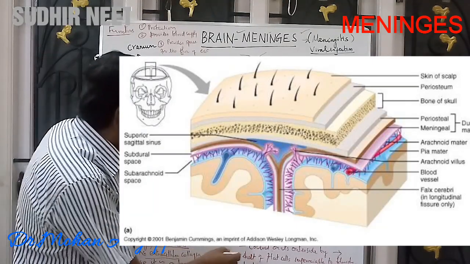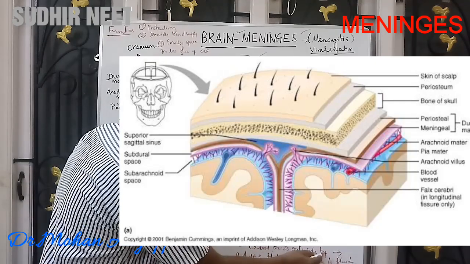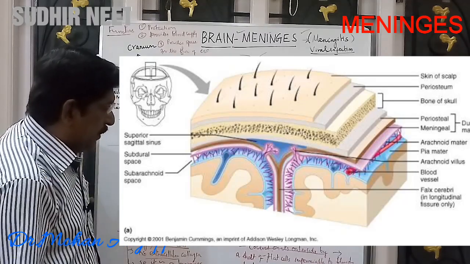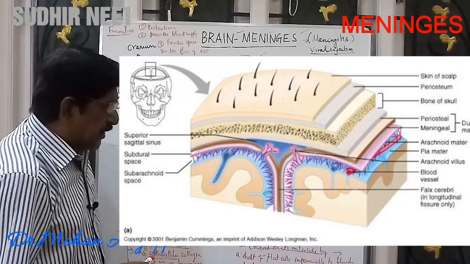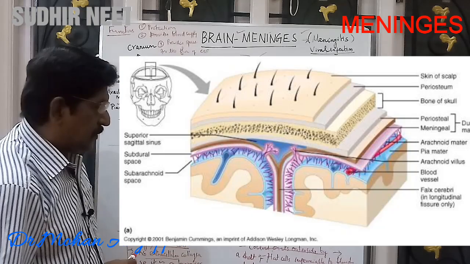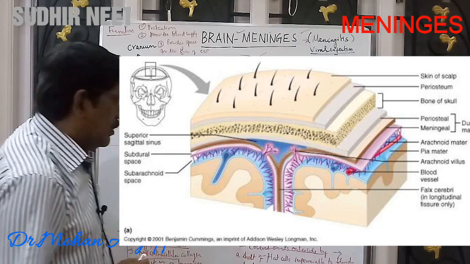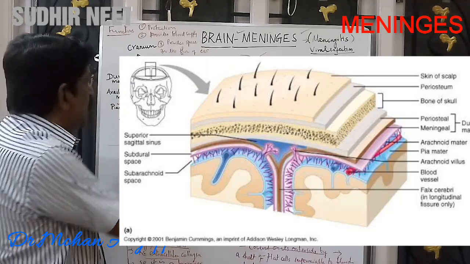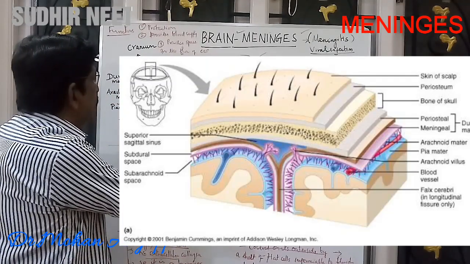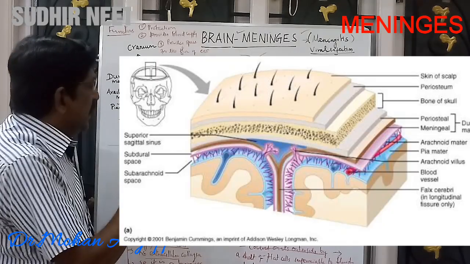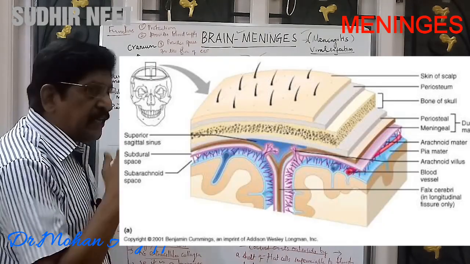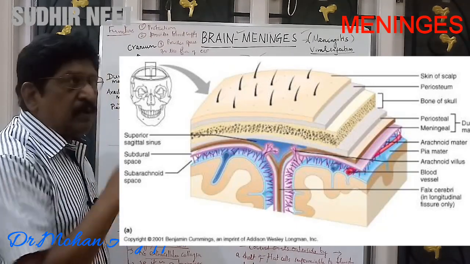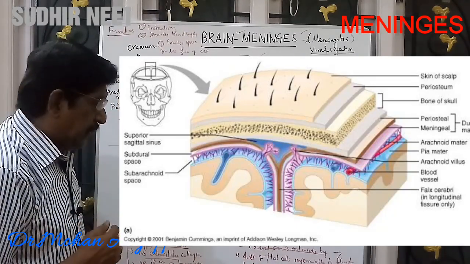On the outer side of the PIAMATER, it is covered by a sheet of flat cells that is impermeable to fluids.